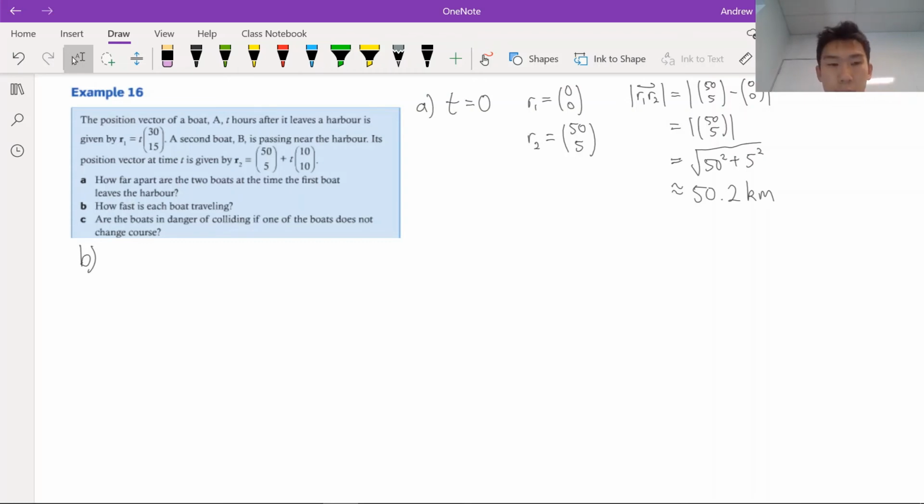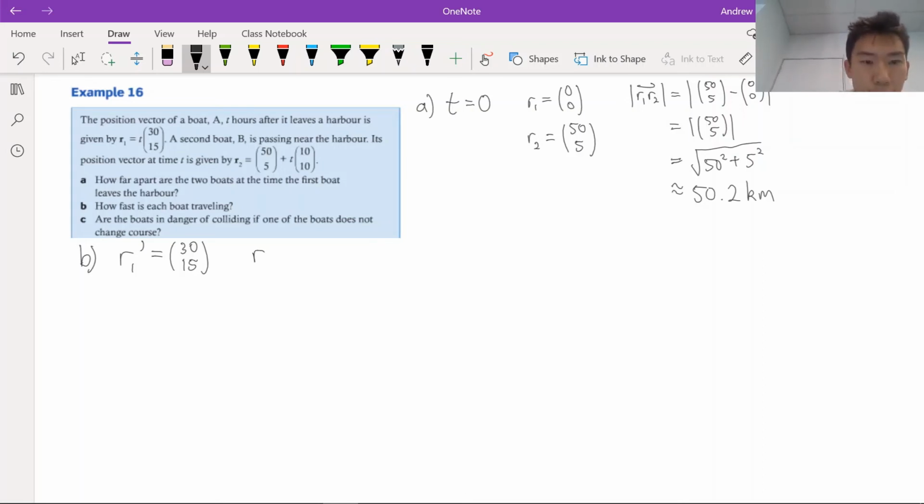Anyway, where were we? Okay, so we've been given position vectors. If we want velocity, well, that's the derivative of the position, isn't it? So if we derive the position vector R1, basically if we treat the vector 30, 15 as our constant and t as our variable, if we differentiate it, we'll just get 30 and 15.